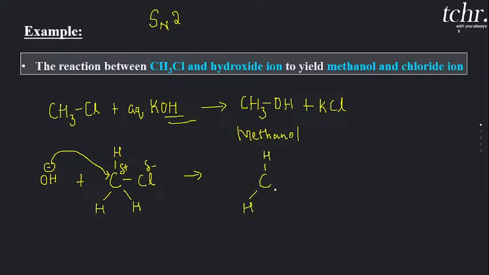The transition state is nothing but here the Cl minus, which is a leaving group, is going to leave the carbon atom, and the incoming group OH minus is just coming inside. So this is called the transition state where the complete bond breaking and bond making still didn't happen. So it is still in the middle state, which is known as transition state.